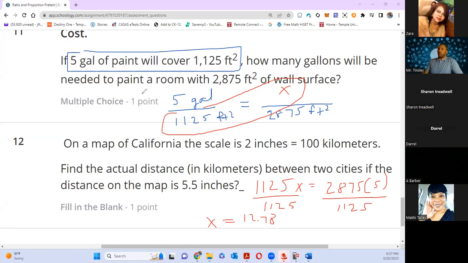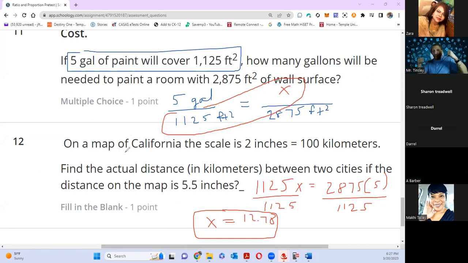How many gallons will be needed to paint the room? My answer I got is 12.78. How many gallons will I need? 13. Well, if it's going up, it's 13. But is it going up? I mean, 12.78.